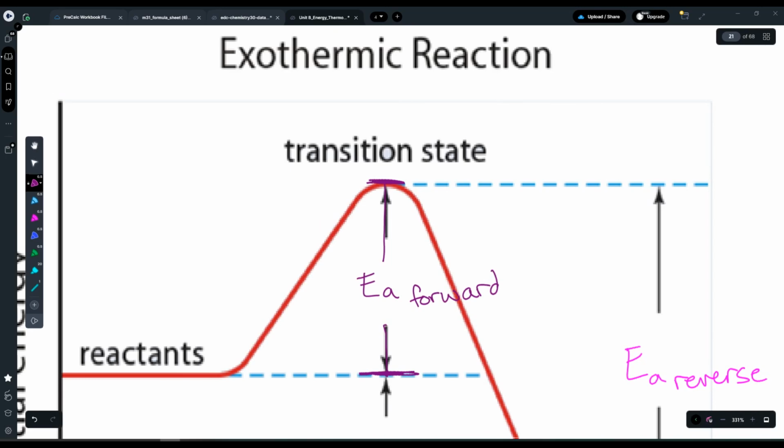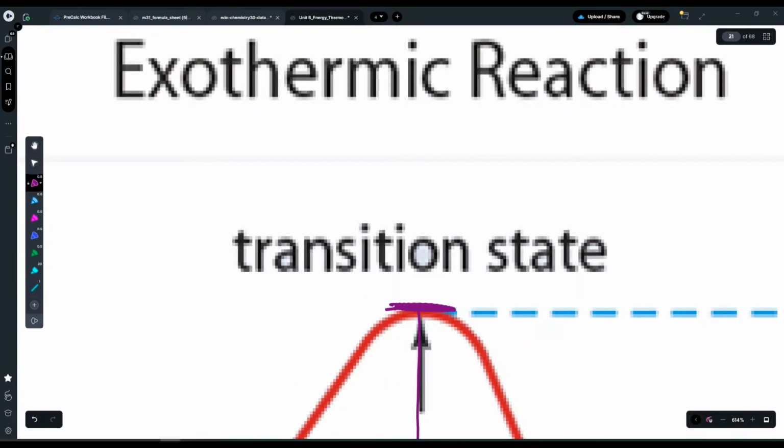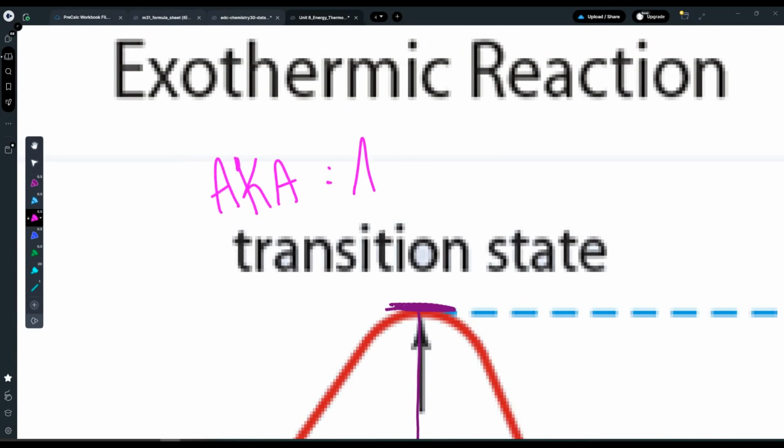So the transition state is just something to describe that we've broken the bonds in the compound, but we haven't yet formed new bonds. Sometimes it's also called the activated complex.